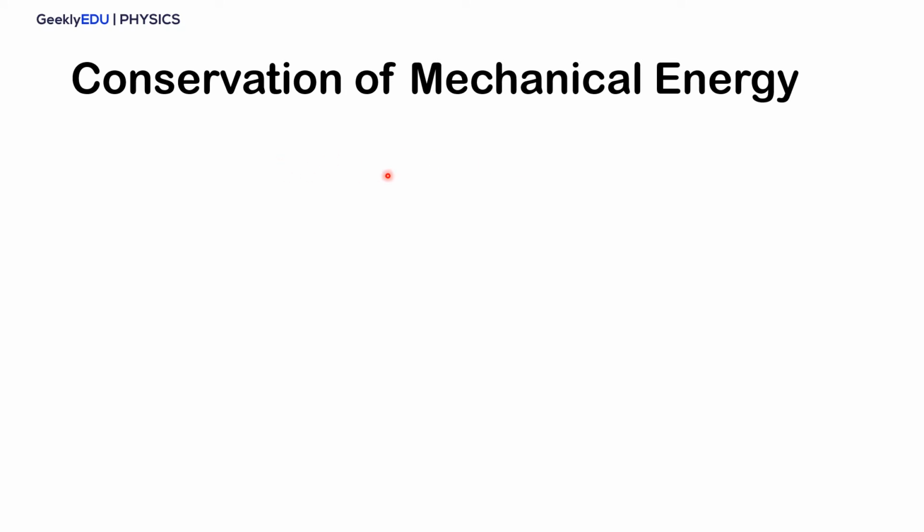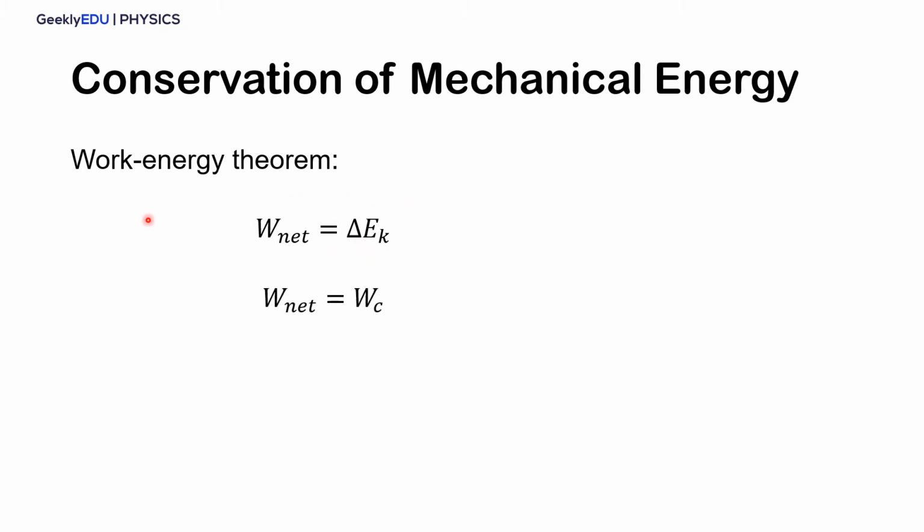Let's go through now the conservation of mechanical energy. Well, let's remember the work energy theorem first. This theorem tells us that the net work done by a system is the same as the variation in kinetic energy. Let's assume that our system deals only with conservative forces.